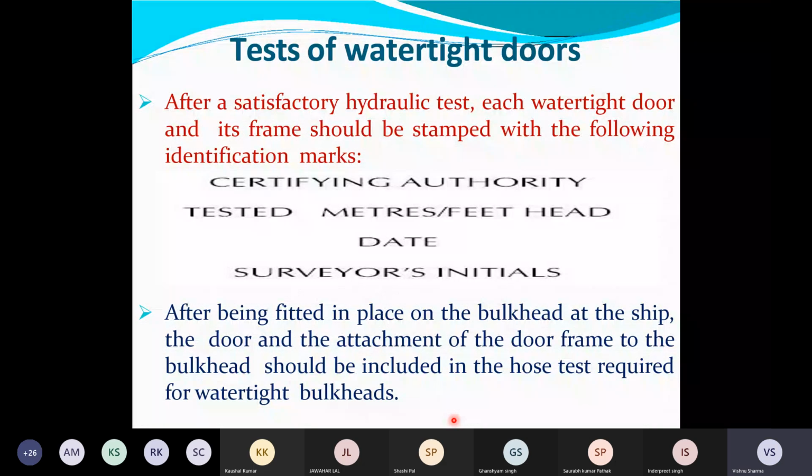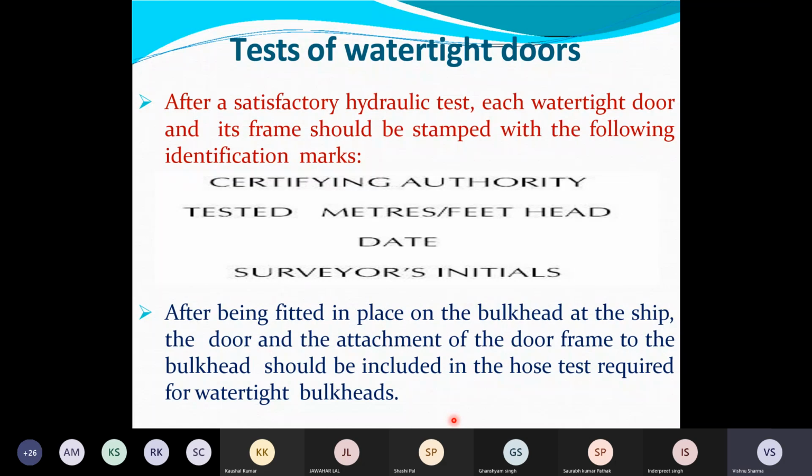After being fitted in place on the bulkhead at the ship, the door and the attachment of the door frame to the bulkhead should be included in the hose test requirement for the watertight bulkheads. Correct? Now, the other day somebody said that they had done the hose test of all bulkheads except number 3, which was their ballast tank.